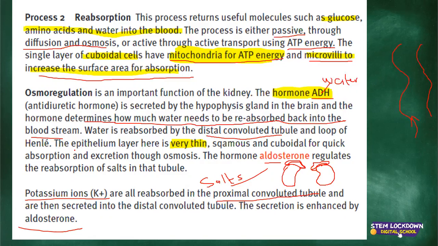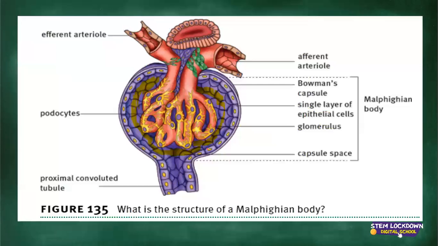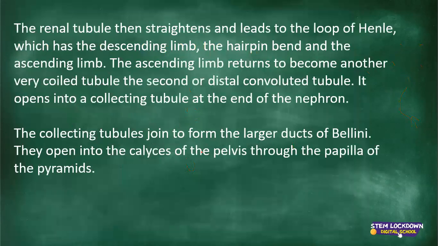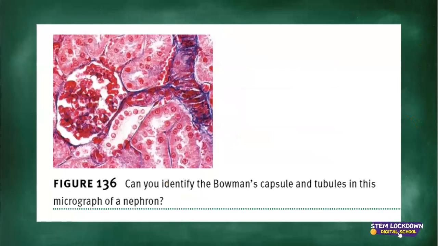The epithelial layer here, these cells on the lining, are very thin, squamous and cuboidal for what? Why is the structure like that?